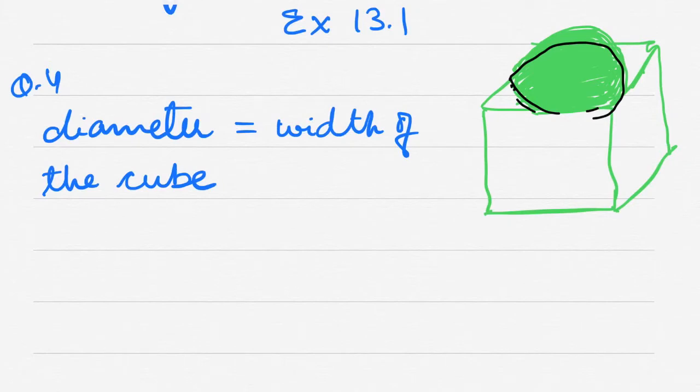So the greatest diameter of this hemisphere can be equal to 7 centimeter.